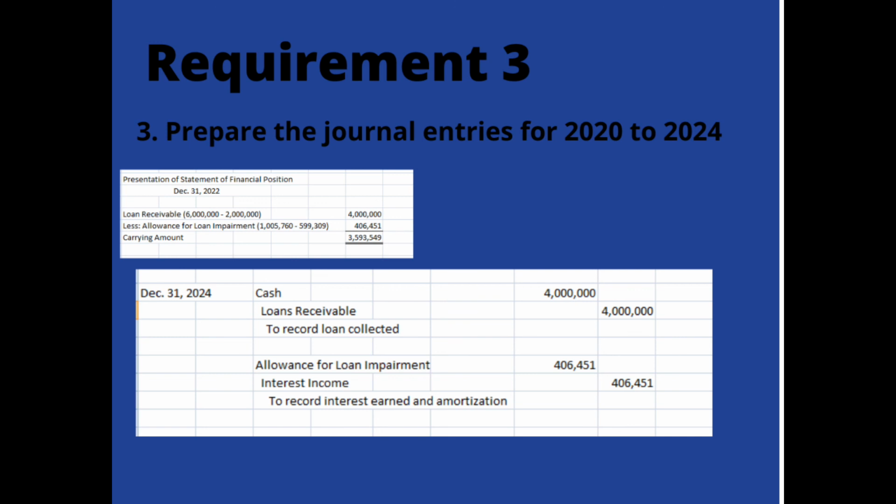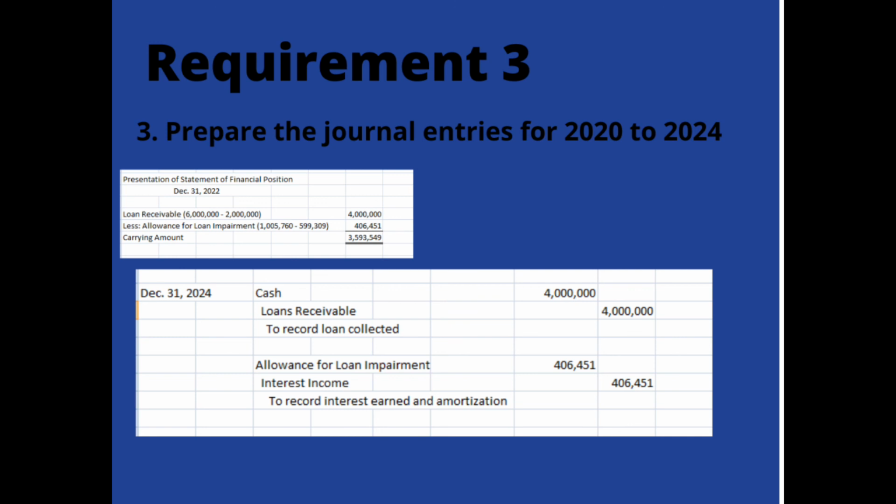The collection of loans receivable is 4 million, which is also based on requirement number 1, but the interest income or the earned interest and amortization is only the remaining balance from last year's accrued interest income, amounting to 406,451.